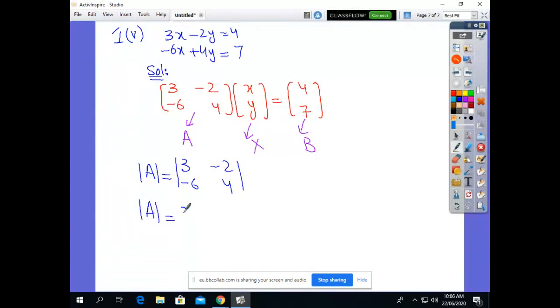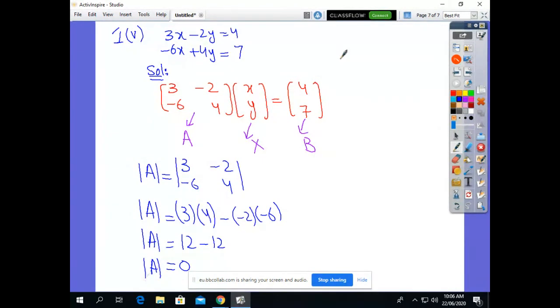It becomes 3 into 4, minus negative 2 into negative 6. 3 into 4 becomes 12. 2 into 6 becomes 12. After cancellation, the determinant of matrix A becomes 0.